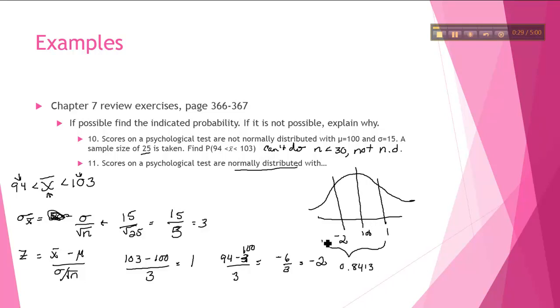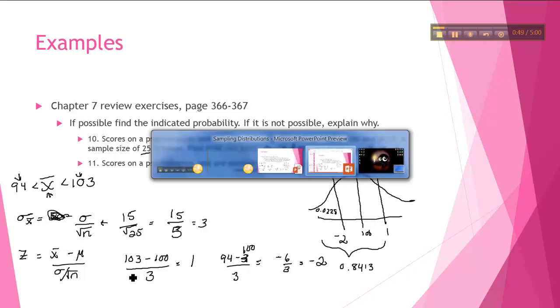And the z-score of negative 2, according to our chart, is 0.0228. We need to subtract these to find the probability.